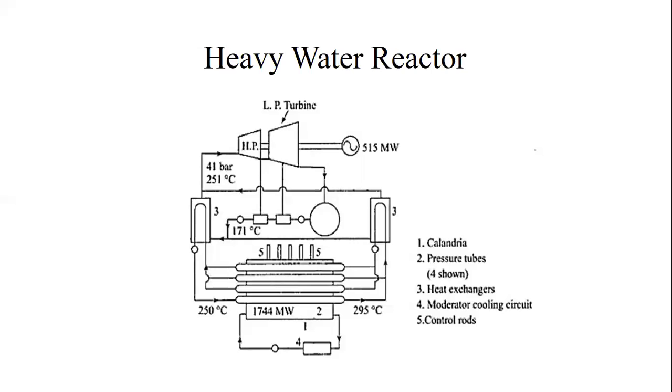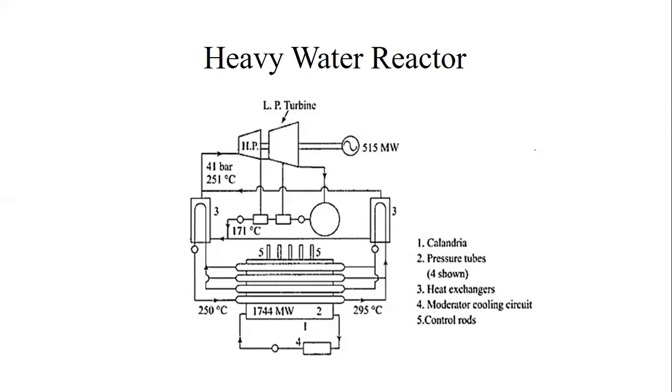The calandria contains up to 380 horizontal pressure tubes, called calandria tubes, which are welded to the tube sheets at each end of the vessel. The moderator temperature is maintained at about 70 degrees Celsius and low pressure to reduce heavy water losses.